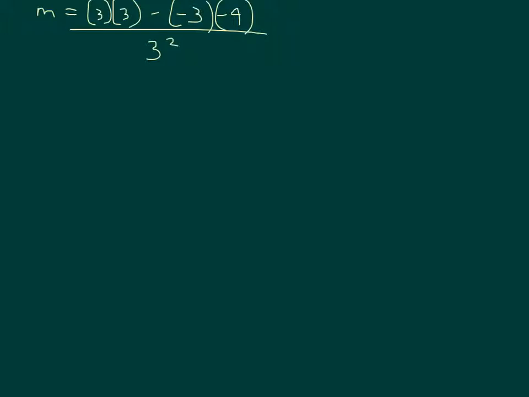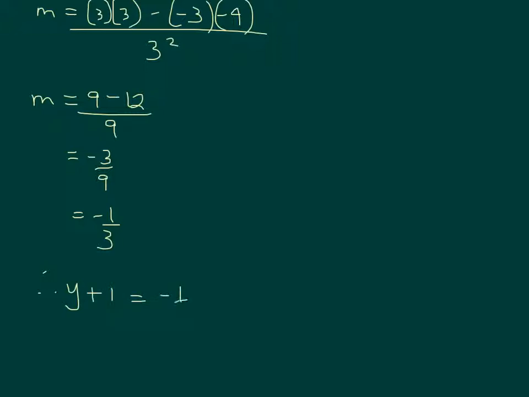It's better. So m, when x is 1, equals 9 minus 12 on 9, which is minus 3 on 9, which is minus 1/3. So substituting into y minus y1 becomes y plus 1 equals minus 1/3 into x minus 1.